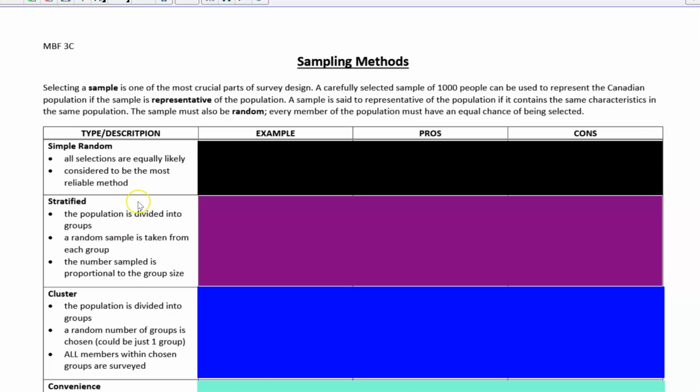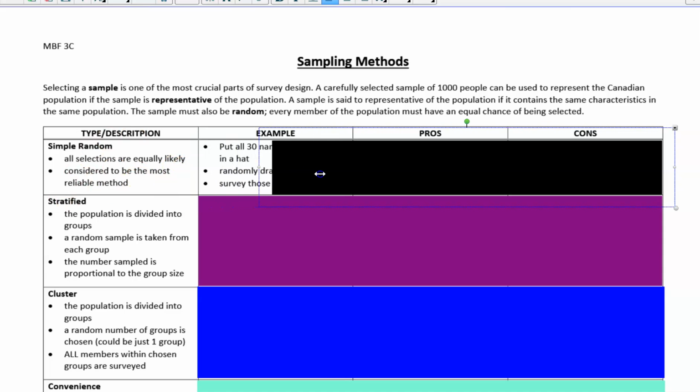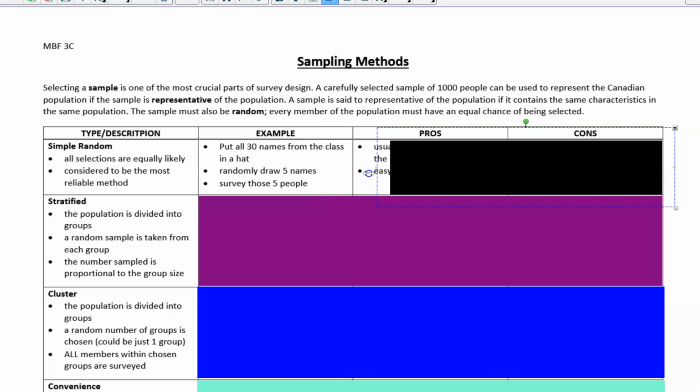The first one is simple random sampling. This means that all selections are equally likely, so everyone is equally likely to be selected, and it's actually considered to be the most reliable of our sampling techniques. For example, if you put all 30 names from the class in a hat, we don't have 30 anymore, we have 24.